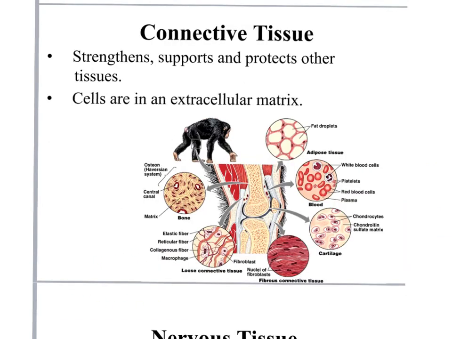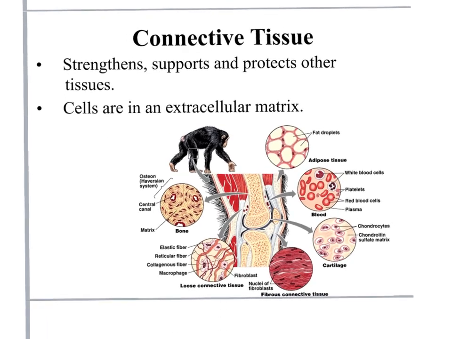The connective tissue is our next tissue that we're going to talk about. In general, it strengthens, it supports, and protects other tissues. So our connective tissue is made up of cells as well as an extracellular matrix.